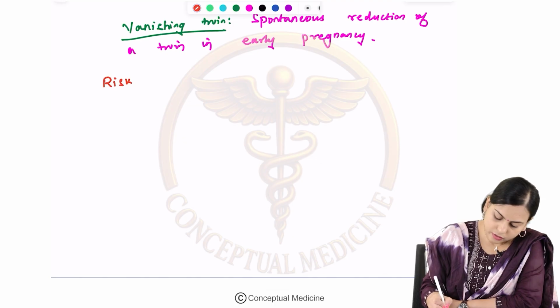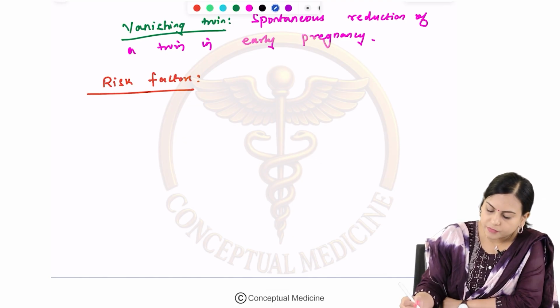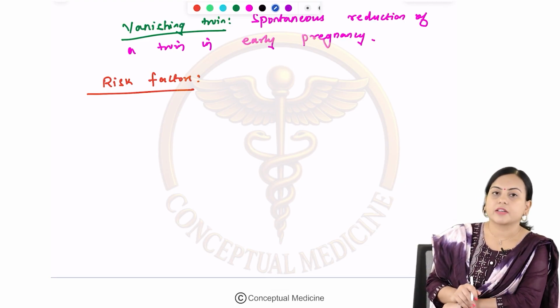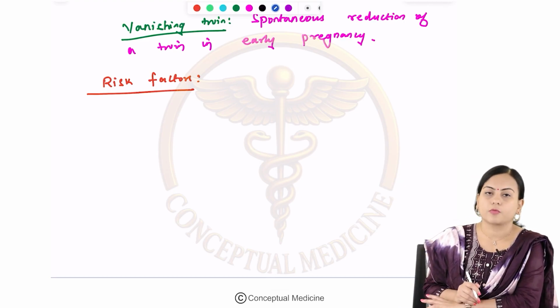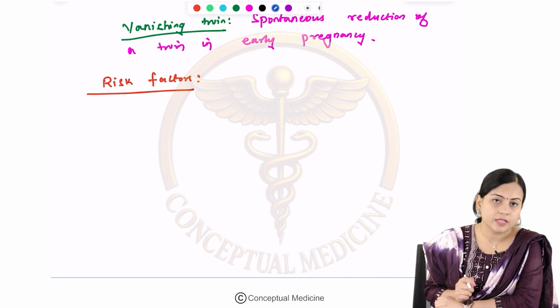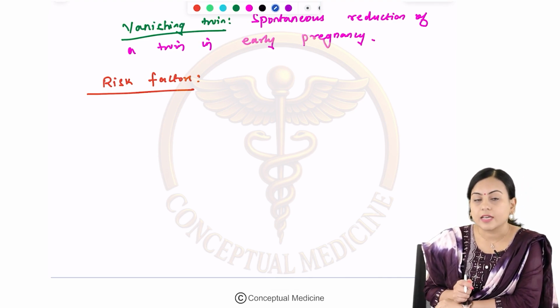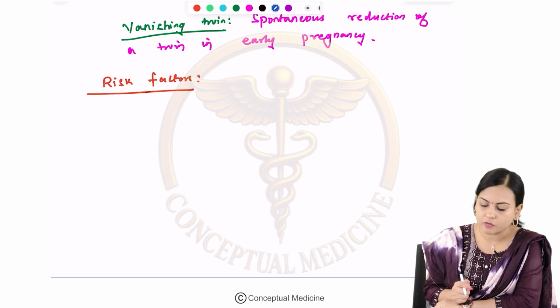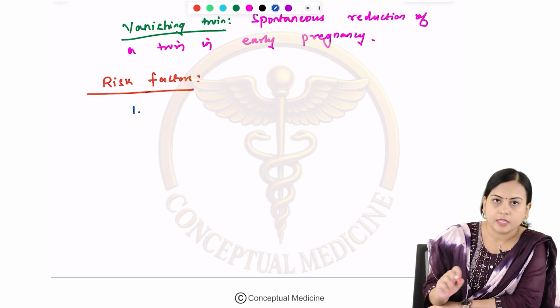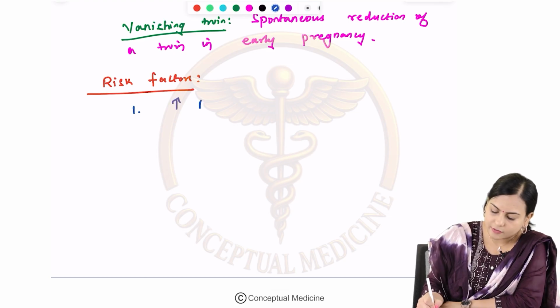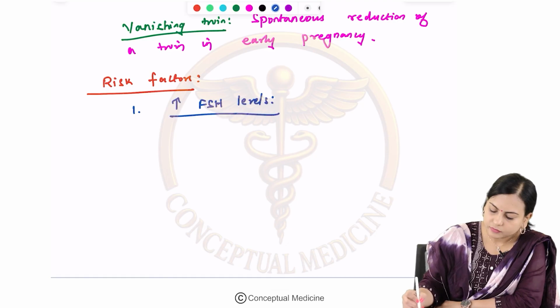So, risk factors include, see, in whichever condition there is increased levels of follicle stimulating hormones, okay, more follicles will be stimulated to ovulate, and that is the time there is an increased chance of twin pregnancy or multiple pregnancy, okay. So, the key point is the conditions in which increased level of FSH are seen, okay.